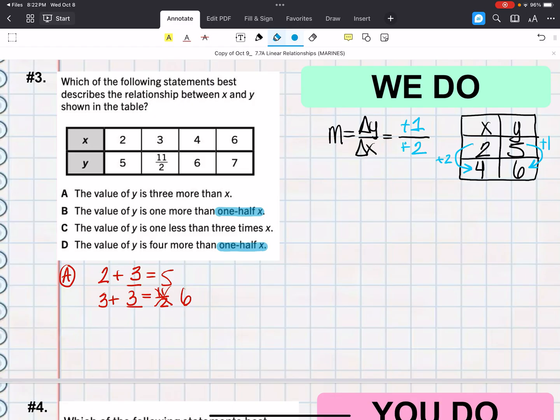And you can also see that D is. Now, that 1 more, keep in mind, is coming from the initial amount, which we don't know right now.